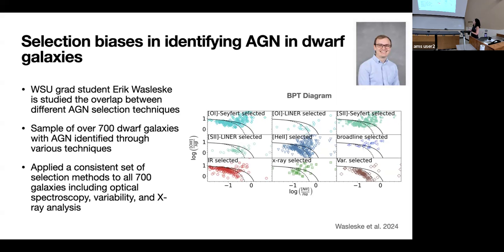So you can see that for dwarf galaxies that have active black holes found through X-rays in the bottom center, not all of them are selected through optical spectroscopy. So we went through this for all of the different selection techniques and tried to see what the overlap was.